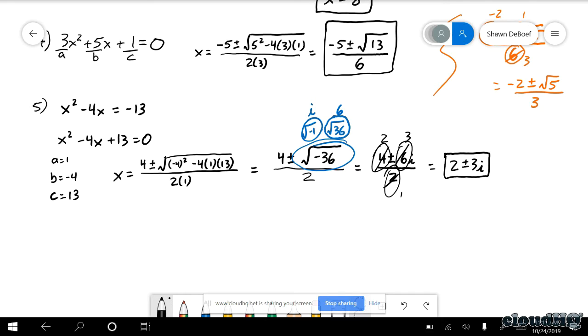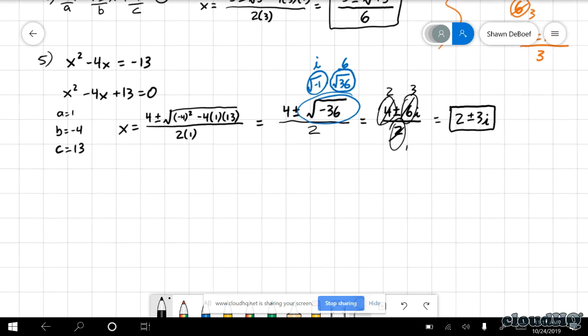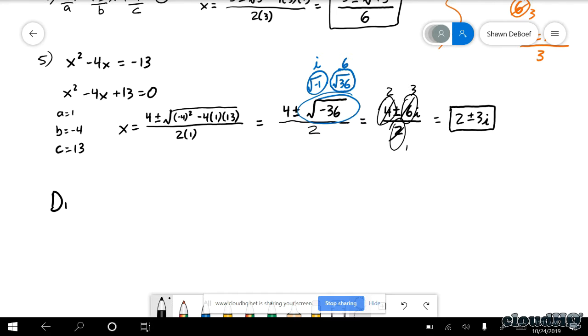That's how we use the quadratic formula, but the title of the section also said the discriminant. So what is the discriminant? The discriminant is that which was in the square root, the b squared minus 4ac only.